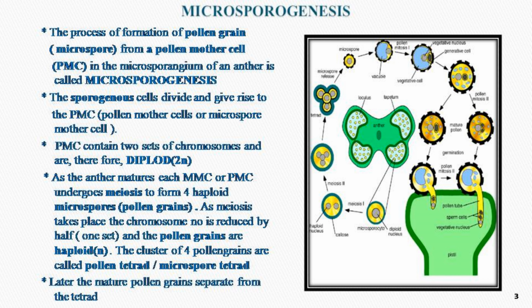The cluster or group of 4 pollen grains is called a pollen tetrad or microspore tetrad. Since we call the pollen grains microspores, it is also known as a microspore tetrad. Later, the mature pollen grains separate from this tetrad and get released as pollen grains.